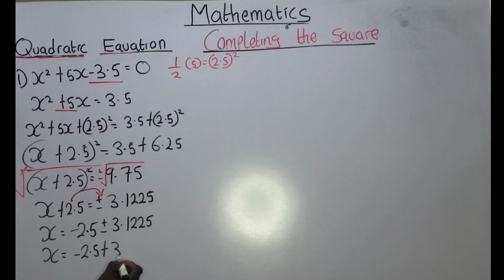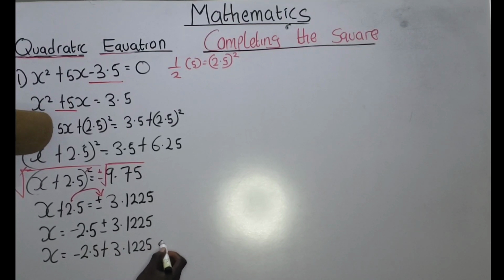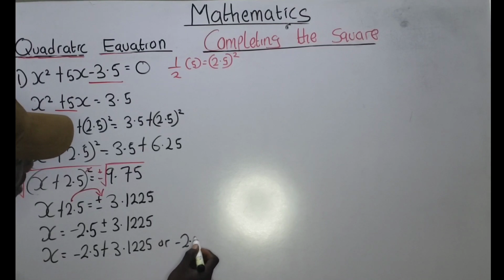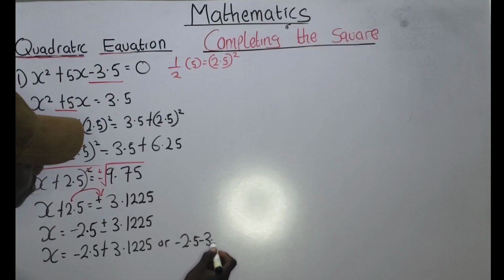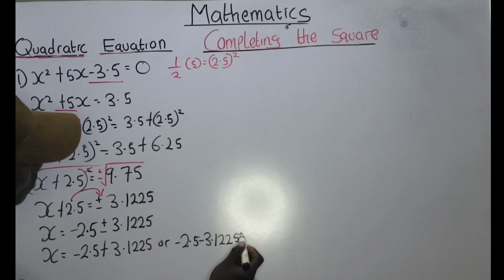I'm going to separate the signs now. So x will be equal to negative 2.5 plus 3.1225, or negative 2.5 minus 3.1225. You understand?